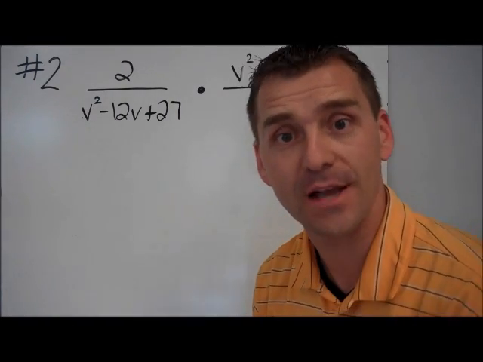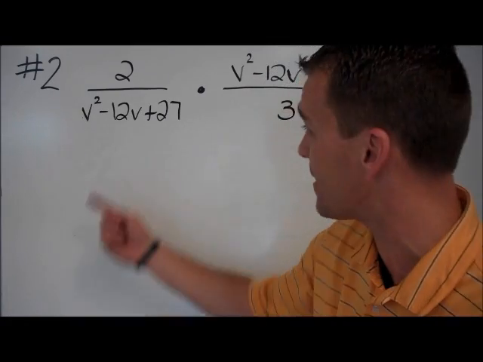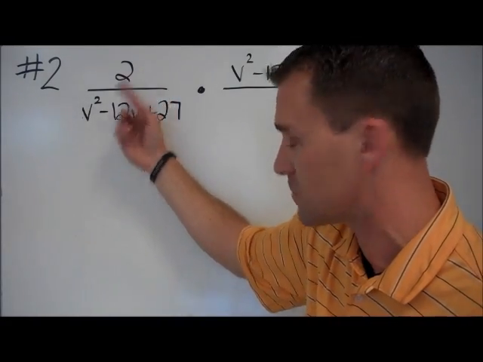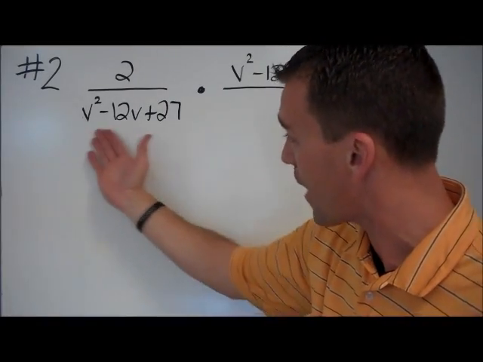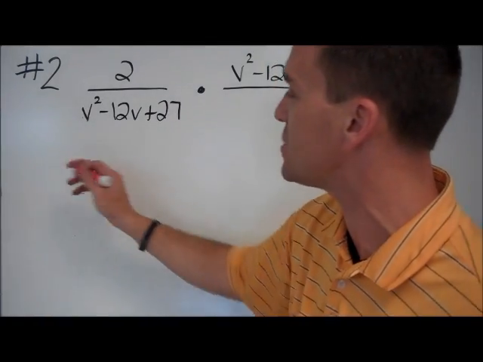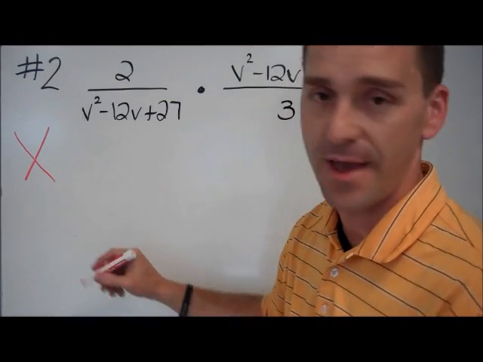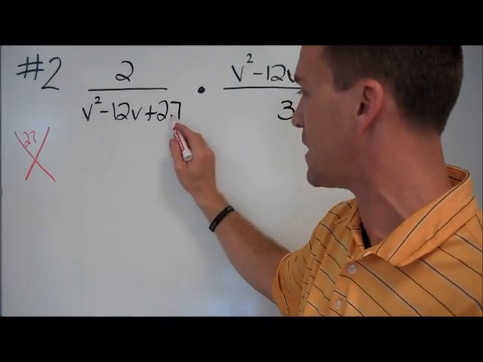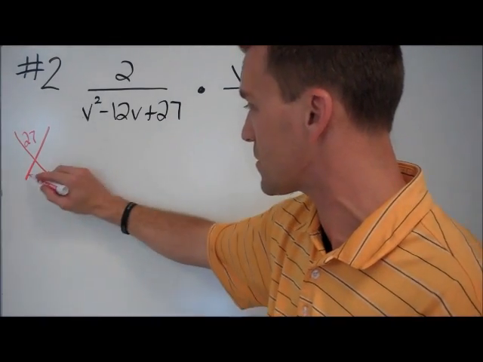That's factor as much as possible if I even can. Well, there's nothing to do with the 2. That's a piece of cake. There's nothing to factor there. That's just 2. On the bottom, though, I can factor this trinomial, and I'll factor that bad boy using my Xbox method. 27 goes here. Remember, it's A times C. And then the B goes down here.